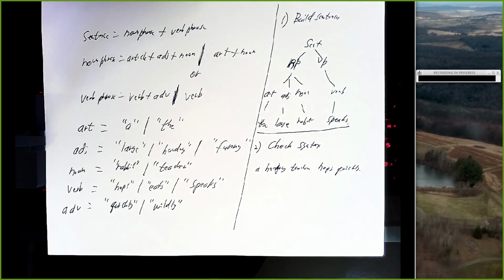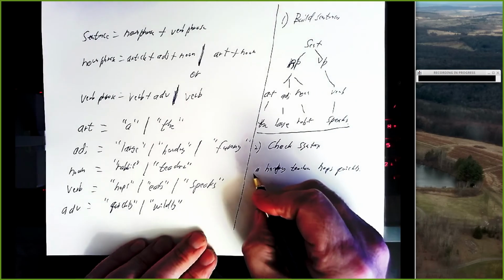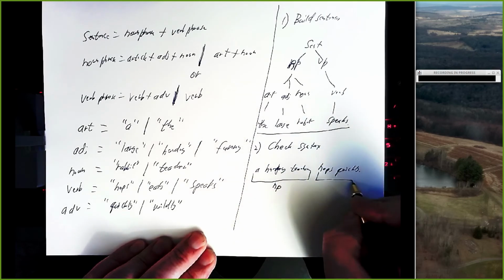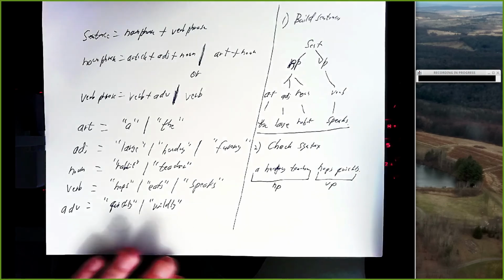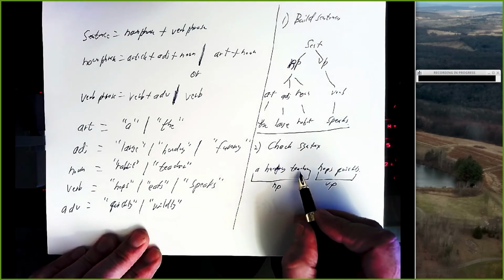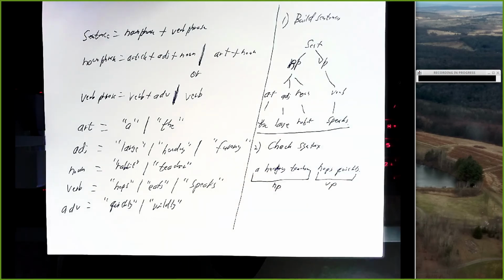Well, if you've ever diagrammed sentences in school, this is sentence diagramming, right? We could take this and we could say a hungry teacher, and this is a noun phrase, and hops quickly, this is a verb phrase. And we could break this into an article, an adjective, a noun, an adverb, and a verb.